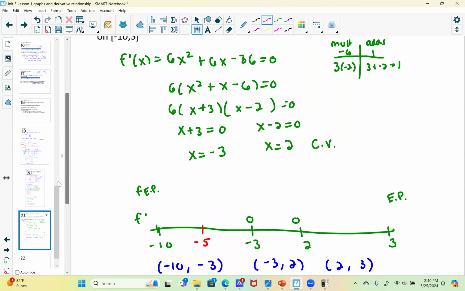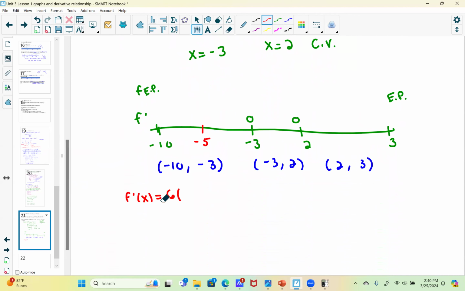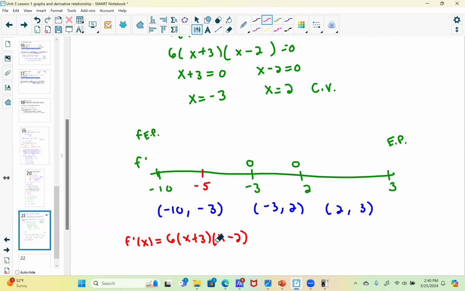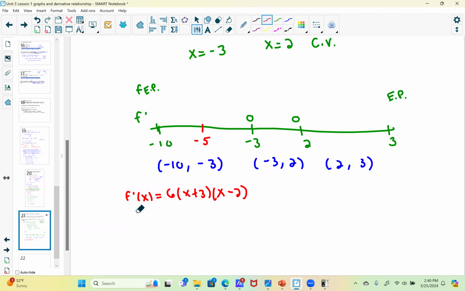Now, for this one, if you're not going to use your calculator, like I said on the last one, I often use the factored one as long as I'm confident that I factored correctly, because I can quickly figure out if this is positive or negative in my head, and I don't have to calculate it all. So I'm going to plug -5 into here.